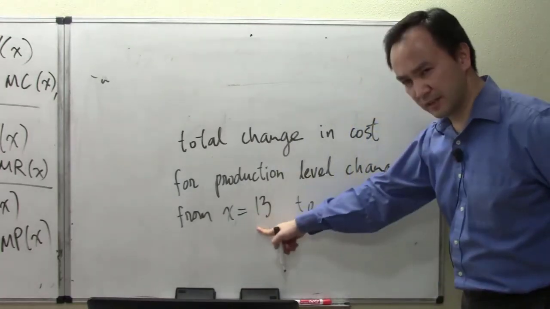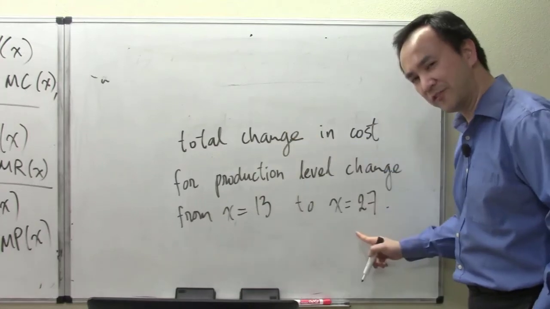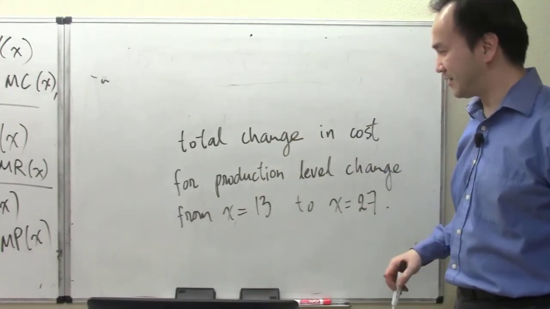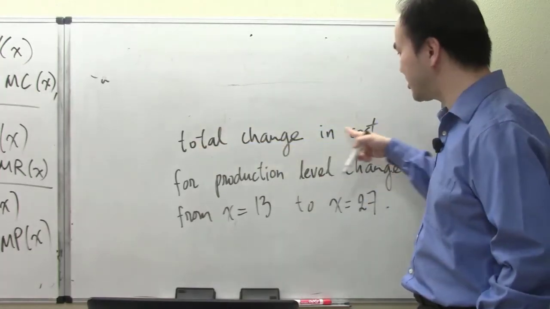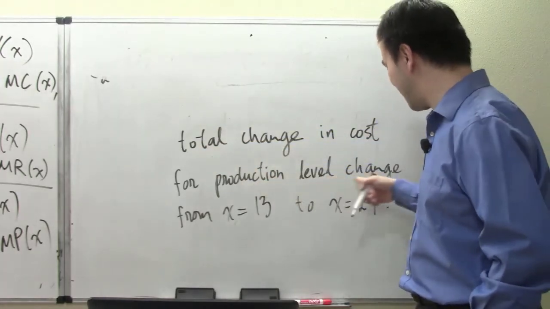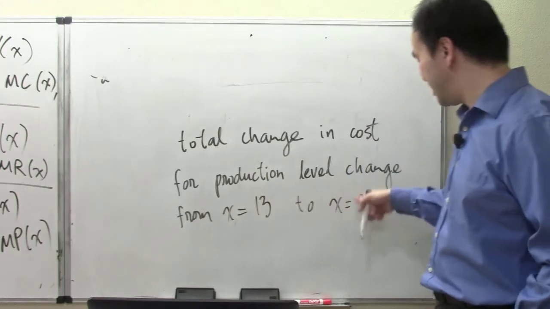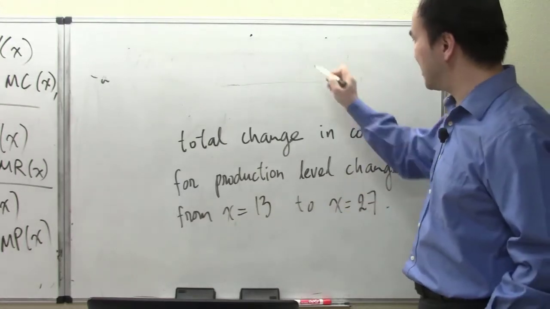It's a starting production level, and we change to a final production level. And it's the total change. This is what we're looking for: the total change in cost for the production level change from x equals 13 to 27. So cost is our famous what?